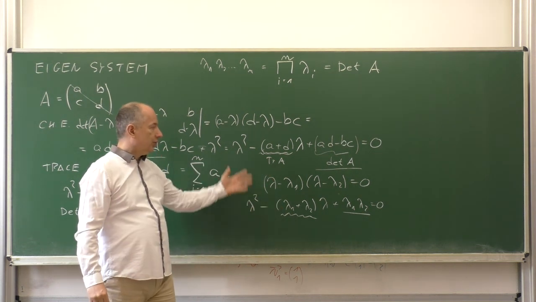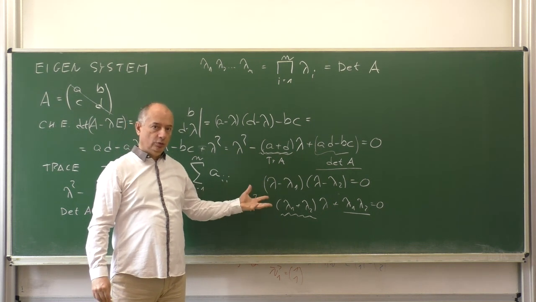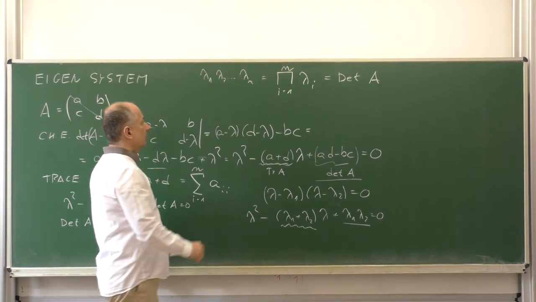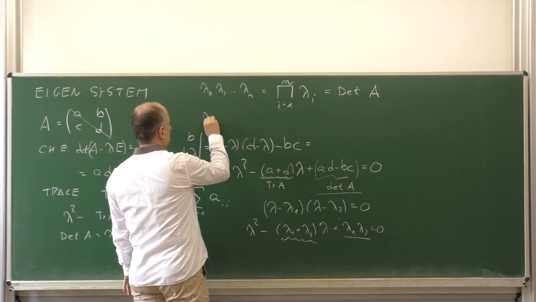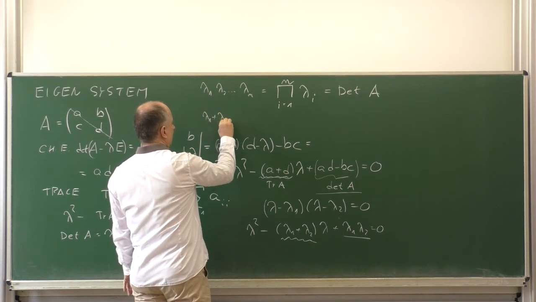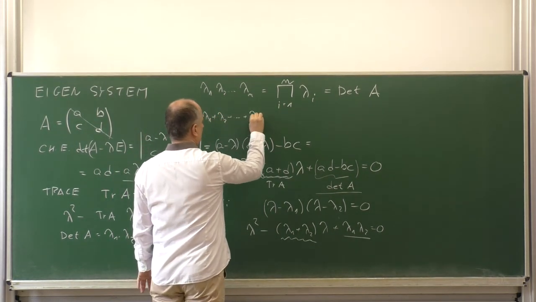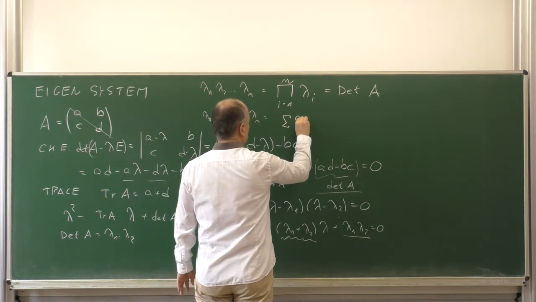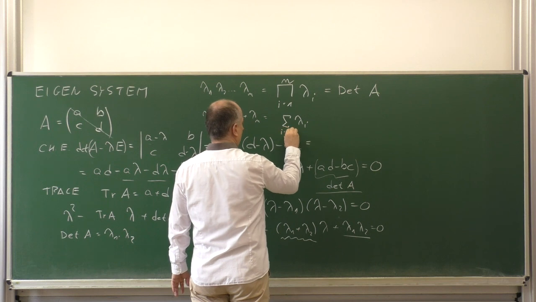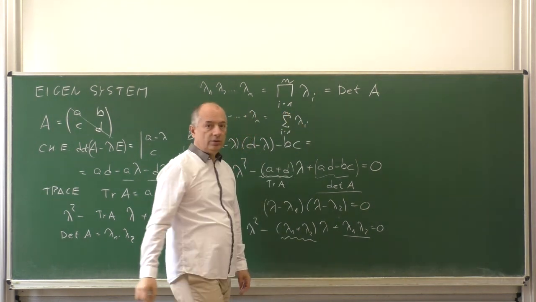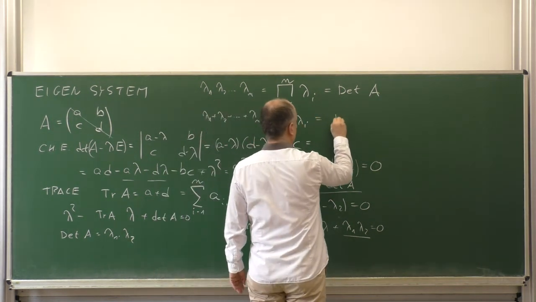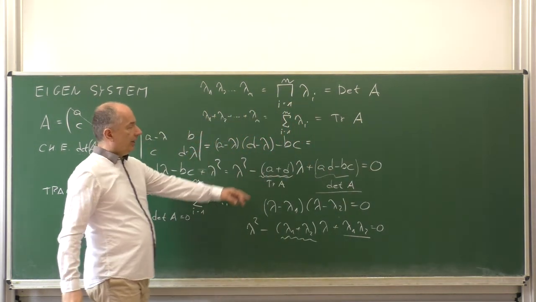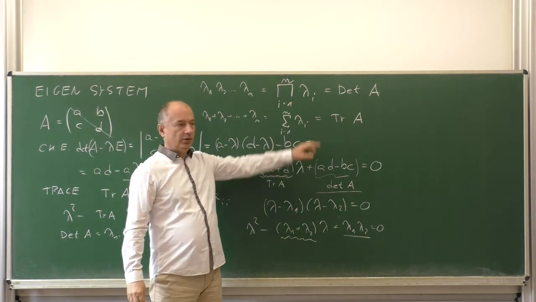Once again, it is so easy to show for a 2 by 2 matrix, but it is valid even for large matrices. So the sum lambda 1 plus lambda 2 plus up to plus lambda n, which can be written as the sum of lambda i, i running from 1 to n, is the trace of the matrix. And this is again true for even large matrices.